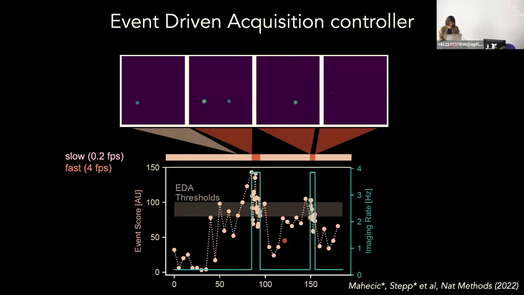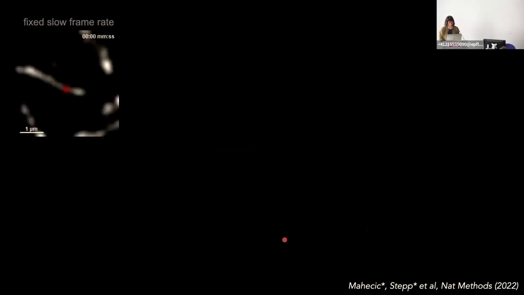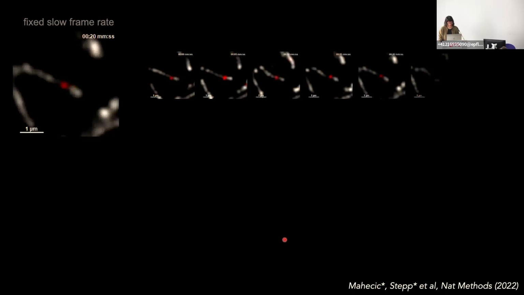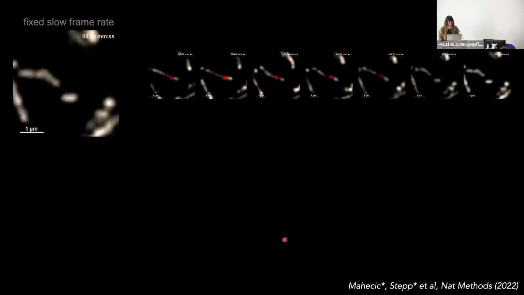And so this is the basic concept for our initial implementation, that we would switch the rate of acquisition depending on the likelihood that an event of interest is taking place in the sample. With a fixed slow frame rate, we are able to capture mitochondrial divisions. This is already interesting and has been done.